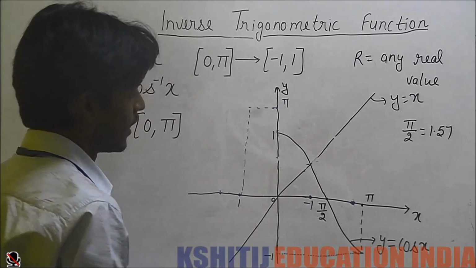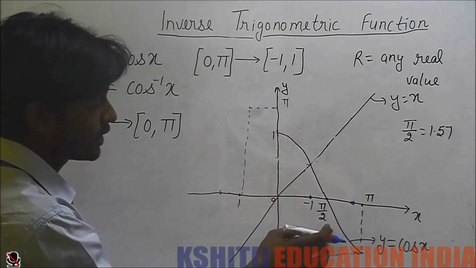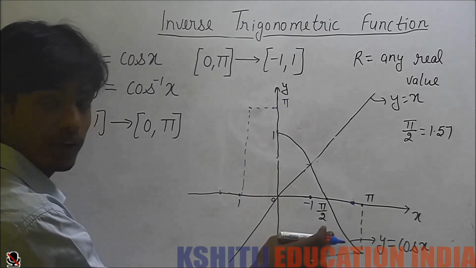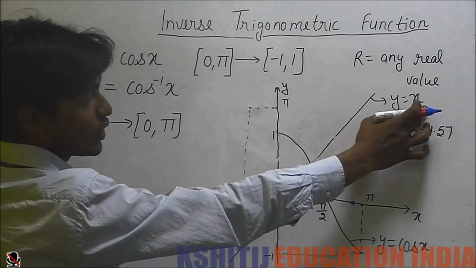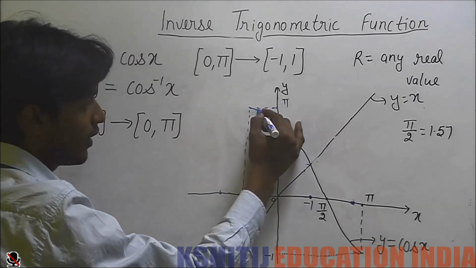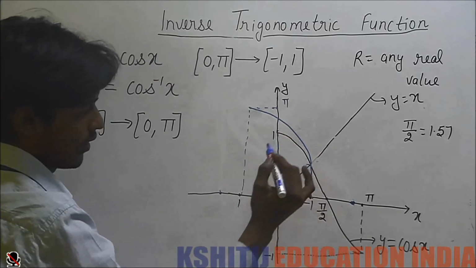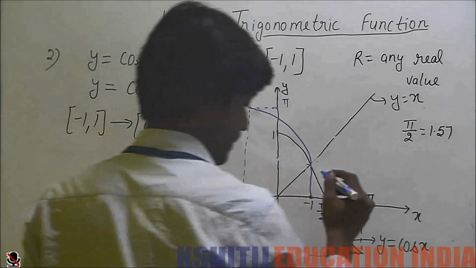So here we are getting the graph of cos inverse x, which is symmetric about the line y is equal to x with the function cos x.